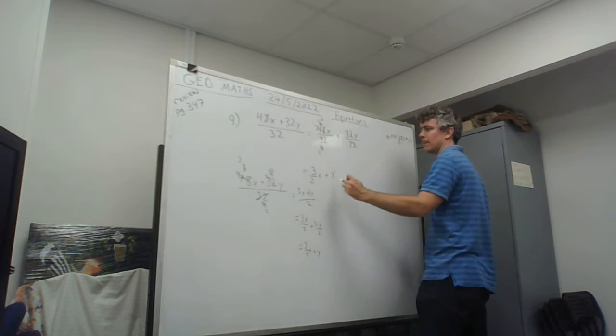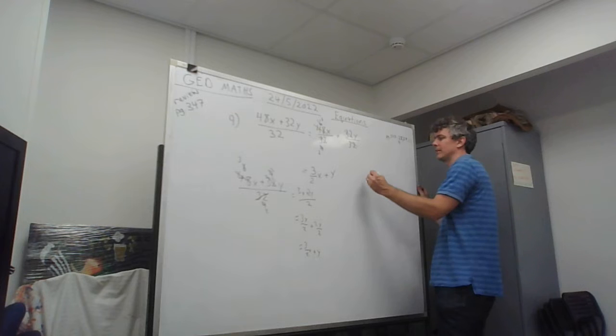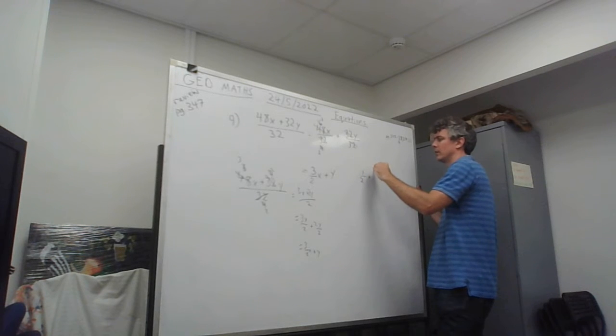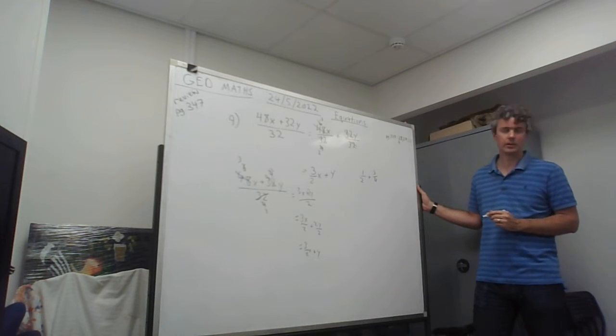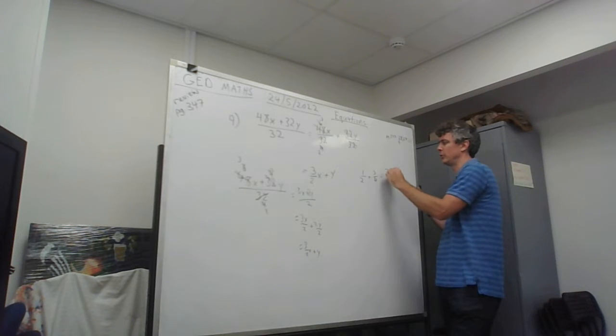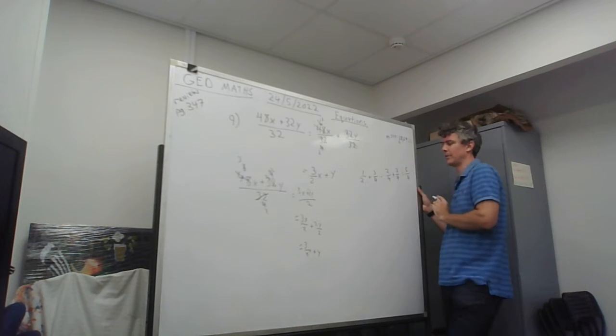If I needed to add 1 over 2 plus 3 over 4, remember what I would do? I'd get a common denominator. So this would become 2 over 4 plus 3 over 4, and that would equal 5 over 4.